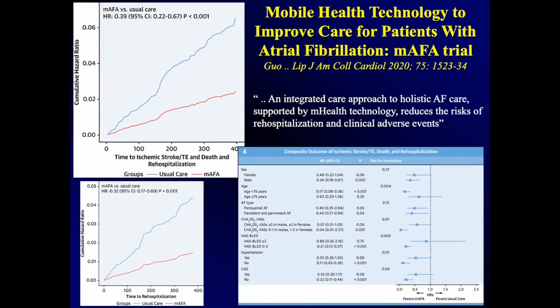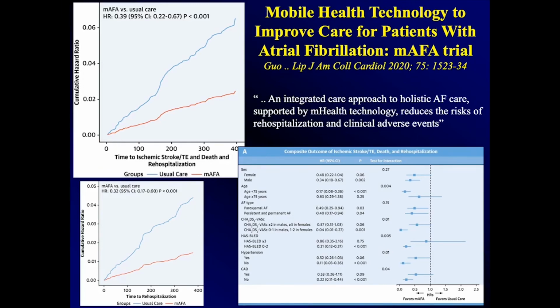And in the mAFA trial, the primary outcome with regard to the composite outcome of ischemic stroke, thromboembolism, death and rehospitalizations, the patients allocated to intervention with the mAFA integrated care approach had a significant reduction in composite outcome compared to those managed with usual care.